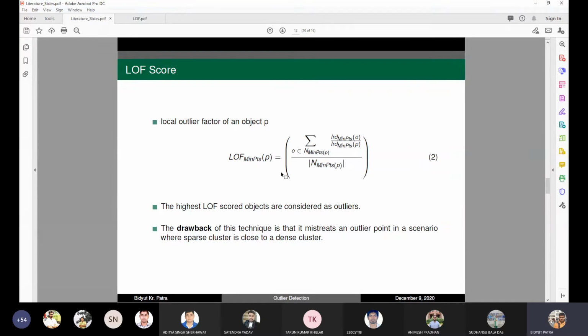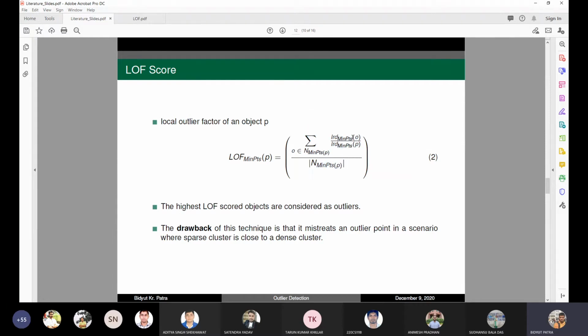For point P, first you have to compute the K nearest neighbors. After computing the K nearest neighbors, you compute the local reachability density of each nearest neighbor of the point P. So you compute the LRD and divide by the LRD of the point P. This is the key term you need to understand.